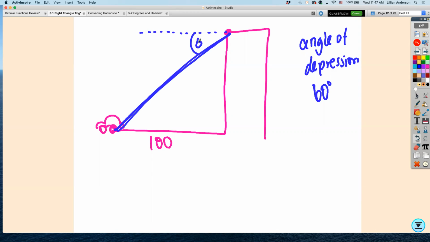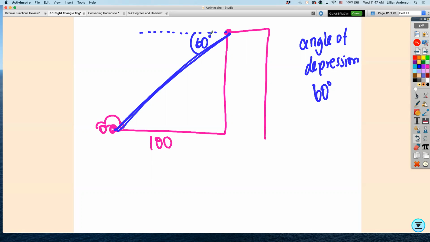A lot of students like to draw your angles of depression from that vertical line, that building or that cliff. It always comes from a horizontal line looking down. Is it 65 or 60? Oh, 60, I'm sorry. I was thinking about the first problem. So always from a horizontal line looking down, that is your angle of depression. Never between the vertical line and the line you're looking at.